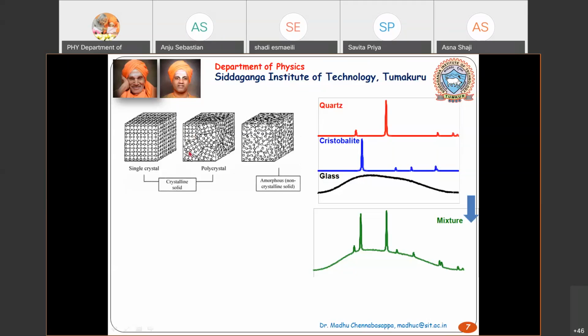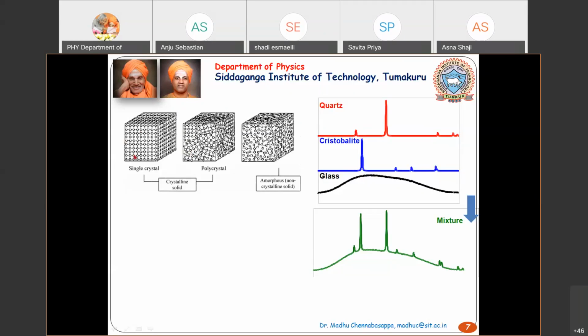So when you take a single crystal, you have a more ordered arrangement of atoms, so you get very good intensity, because you will get a very good repeated arrangement. So the intensity is better. Okay, but in case of polycrystalline, there is some arrangement, but it is not spread over the entire sample.